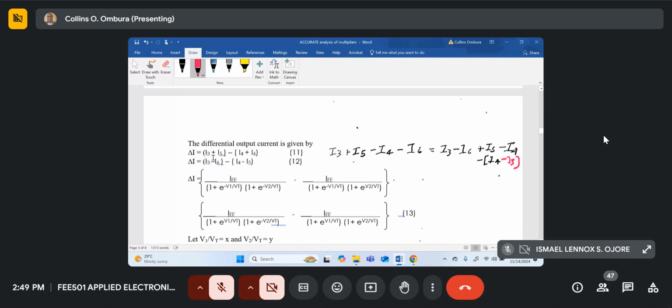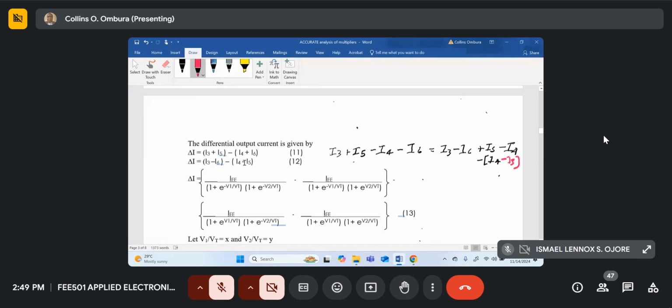So the differential current can be written as equation 11, but we can also write it in the form of equation 12: I3 minus I6, into brackets, minus I4 minus I5. 11 and 12 are just the same thing, but putting it in the form of 12 will help us simplify the equation that we want for differential current.